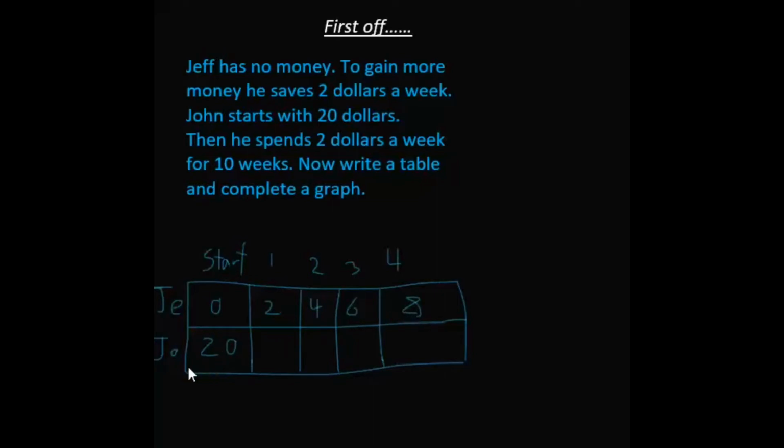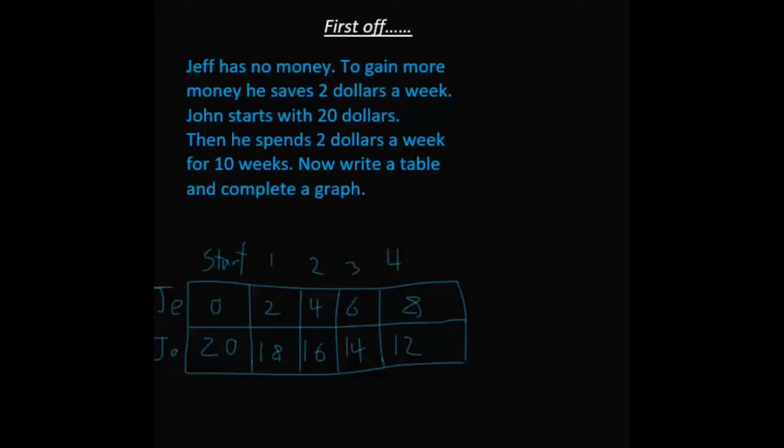John, on the other hand, loses $2 a week. So from 20 it becomes 18, then 16, then 14, then 12, and so on. Now that we have this, we're going to start writing on our coordinate plane.